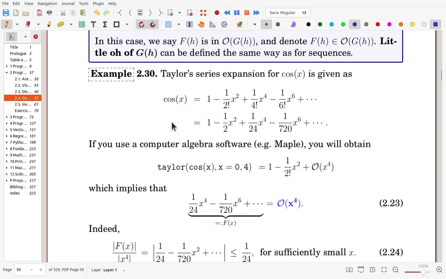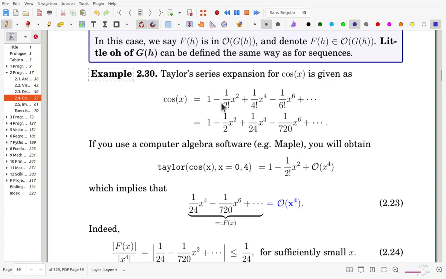Let's see this example. Taylor's series expansion for cosine x is given as here. Cosine x is an even function, so in the polynomial you can see only even terms, and we can write it this way. But if you use computer algebra software and try to get the Taylor expansion for cosine x about 0 with 4 terms, then you'll see this one.